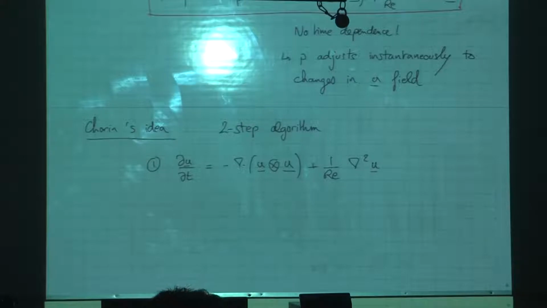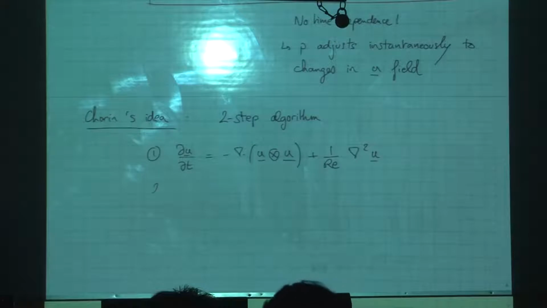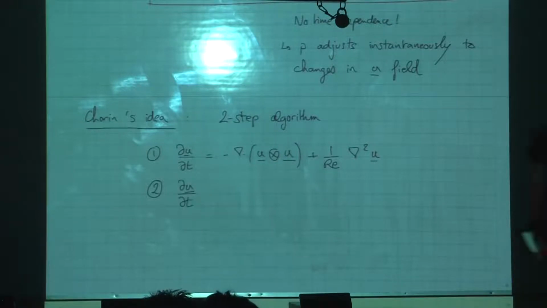At the end of step 1, what I have is not a fluid, an appropriate fluid equation, or fluid solution. But then I'll add du/dt is equal to minus gradient of pressure. And so this implementation will take the form of, like I said, two steps.